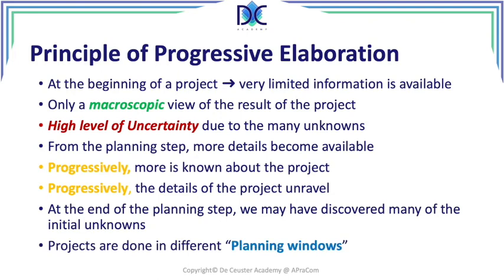So basically, we see what we can estimate, what we can evaluate. And that will be the first planning horizon. But once we continue, we see that the planning horizon is also moving forward. And gradually, we find more elements, more information, and that's what we call progressive elaboration.